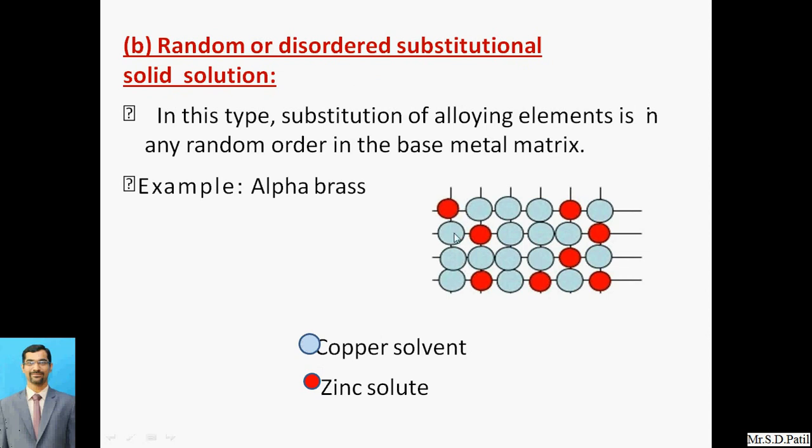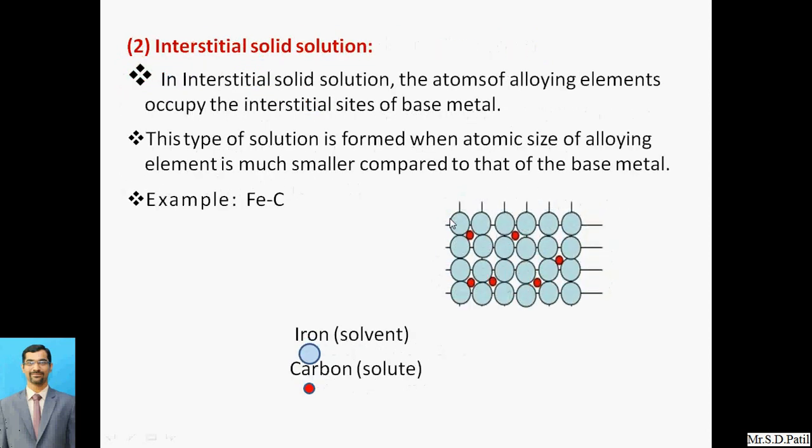It is quite similar to the solvent, near about, not exactly. But in an interstitial solid solution, the solute has a much smaller atomic size as compared to the base metal.